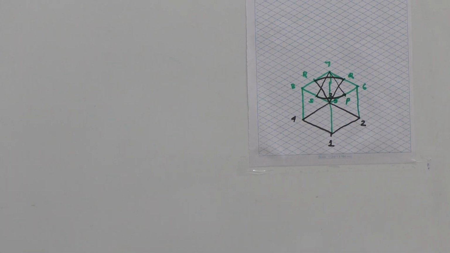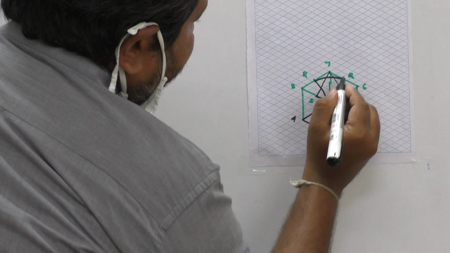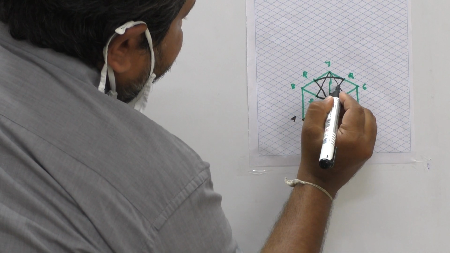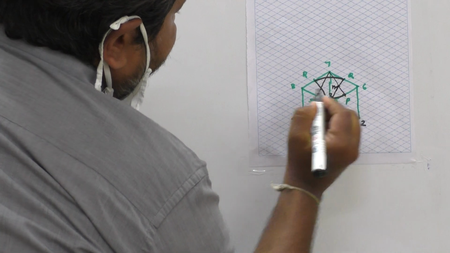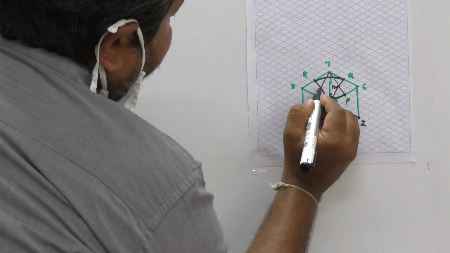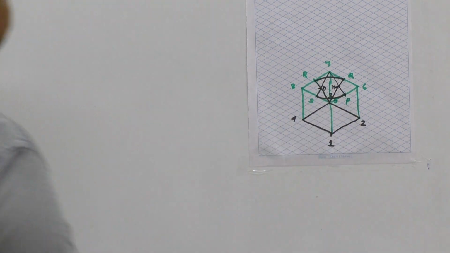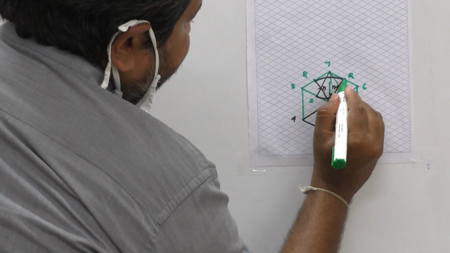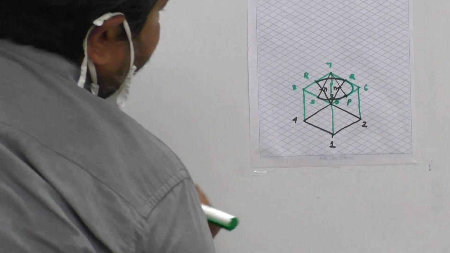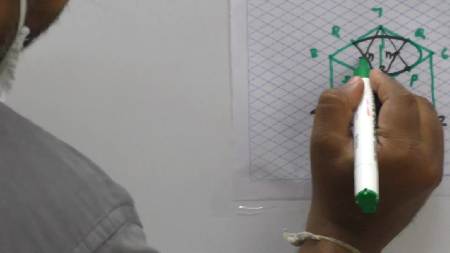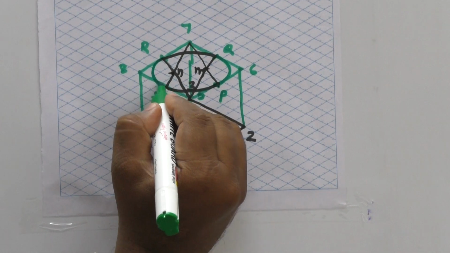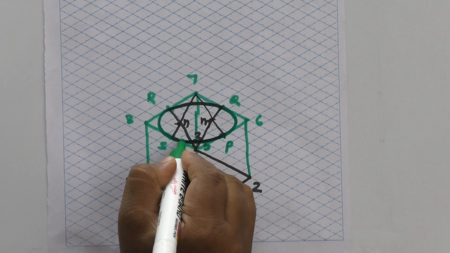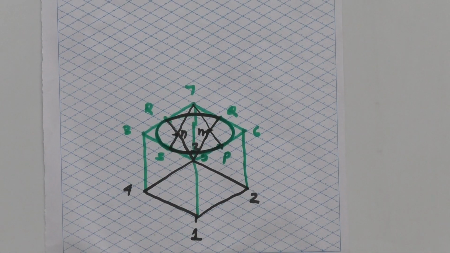Now consider the intersection of 5Q and 7P, and I will call this intersection M, and the intersection of these two lines N. Now keep M as center, MQ as distance, and draw an arc. Keep N as center, NR as distance, and draw one more arc. Now you can see we have constructed the ellipse by the 4 center method.